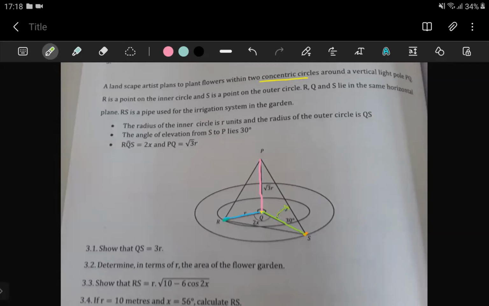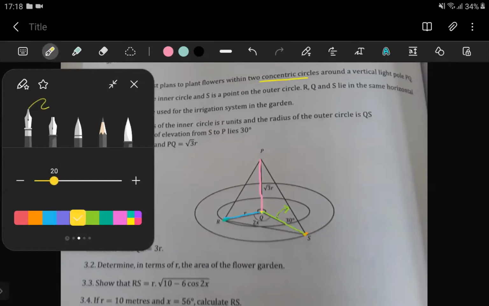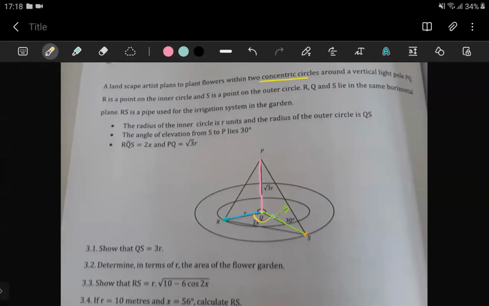So angle of elevation is 30. And then it says here RQS is 2x. So this distance here is 2x. Perfect. So that is 2x, right? Now the big idea is that PQ here is square root of 3r.